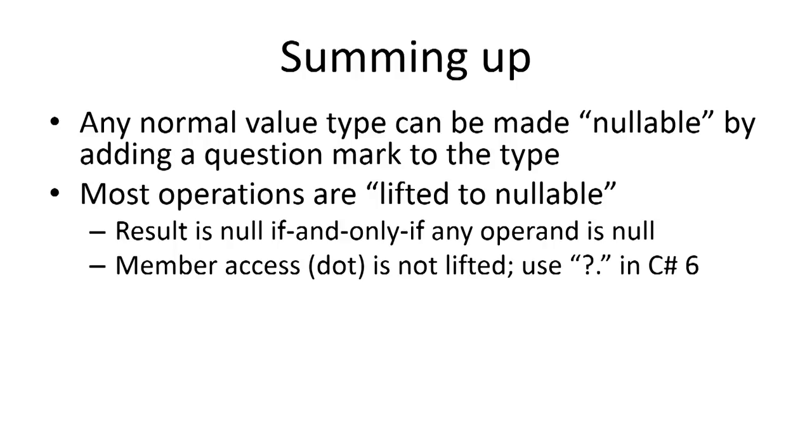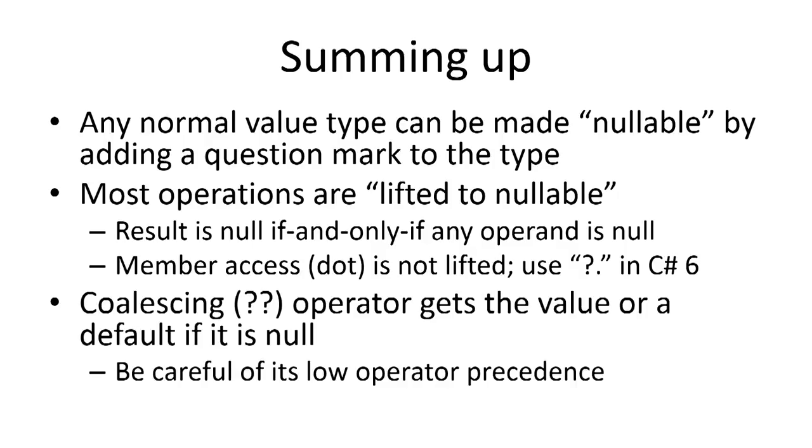But if you want to make it lifted, then you use question mark dot, and that only works in C# 6. The coalescing operator, which is two question marks, gives you the value of a nullable if it has a value, or it gives you the right-hand side of the operator if the left-hand side happened to be null. But be careful, because this thing has low operator precedence. It does not play nicely with other operators.